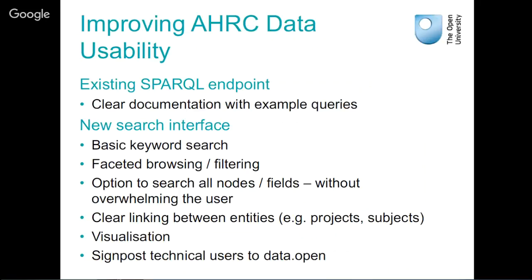But also I want to expand access to the data a bit further, and to do that I do need to create a search interface. So like Pelagios and the Scarcella and SENESCHAL projects, I would want to start that off with a very basic keyword search to allow quite a low point of entry, so anyone can access it just to do a very basic query, put some keywords in.